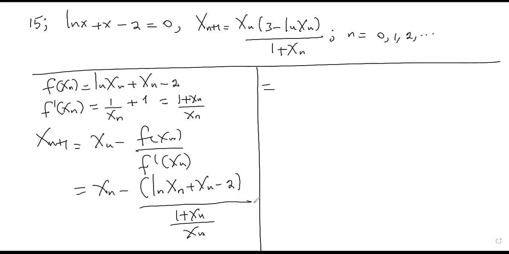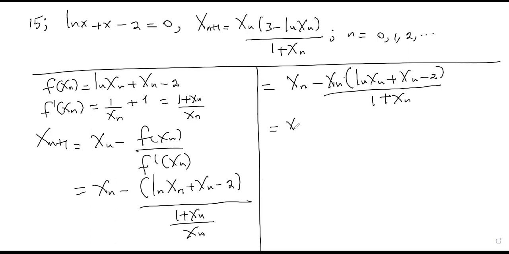All right. So this is going to be equal to, of course, when you're dividing it means the reciprocal. So x_n is multiplying into this, isn't it? So I'm having x_n minus x_n into ln x_n plus x_n minus 2, all over 1 plus x_n. I guess I'm right.